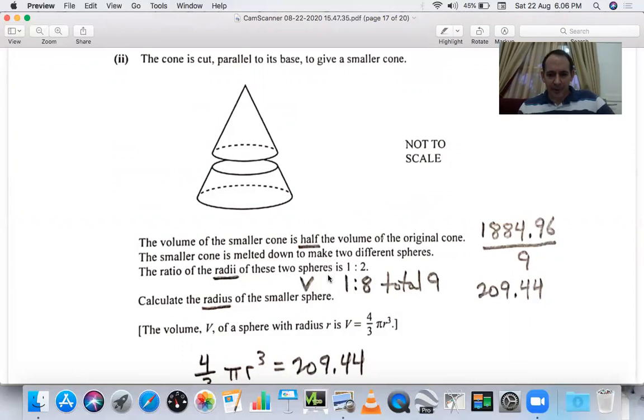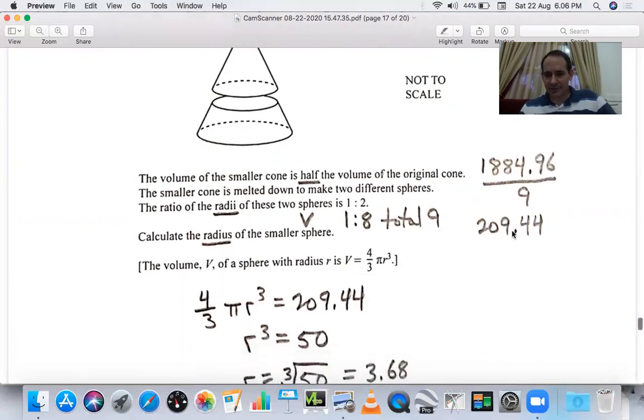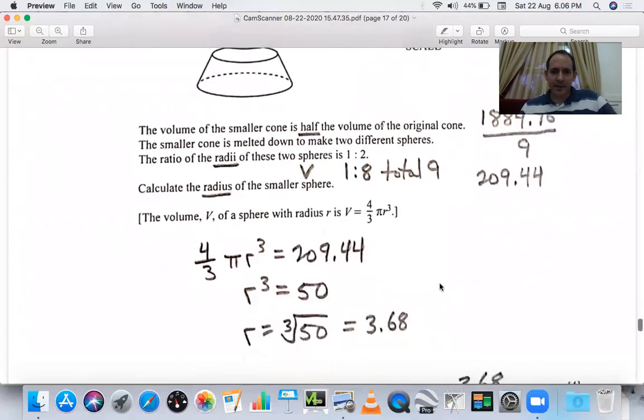The smaller sphere made from the small cone will have 1 out of these 9 parts because it's 1 to 8. So we need to divide that volume by 9, which gives 209.44. That then is the volume of our smaller sphere.